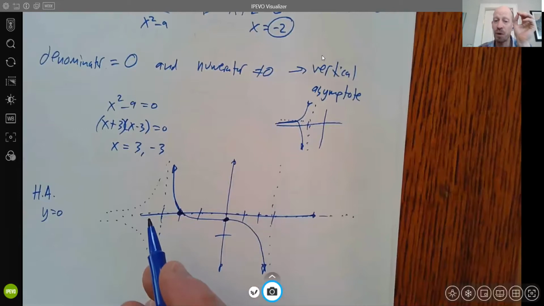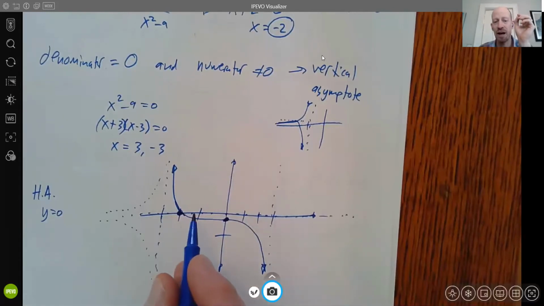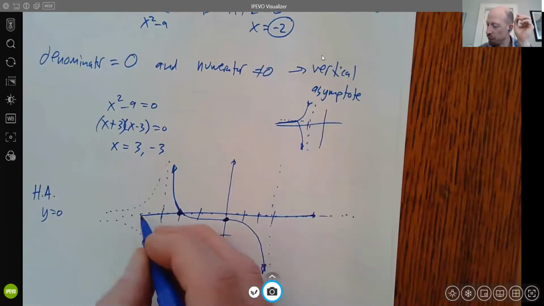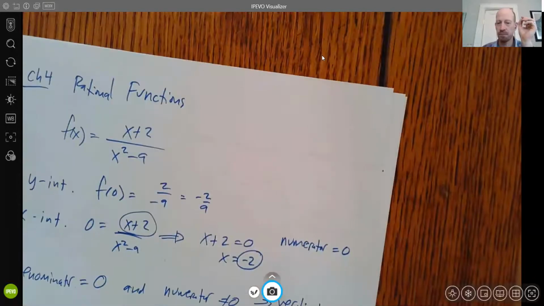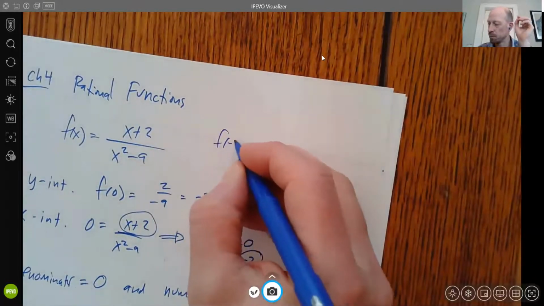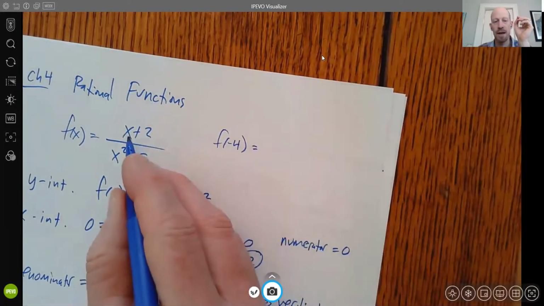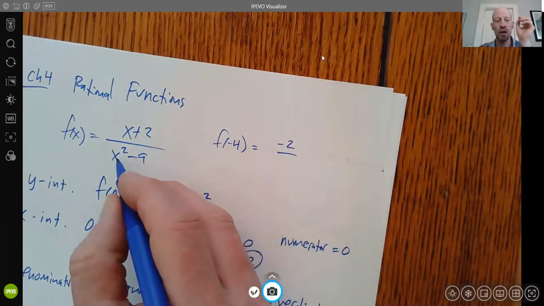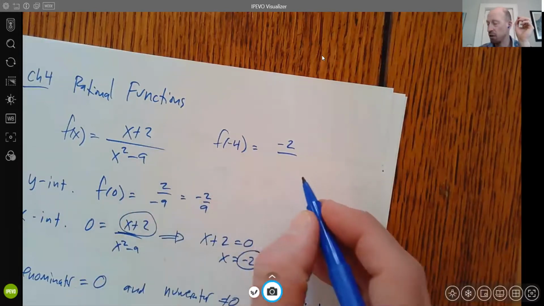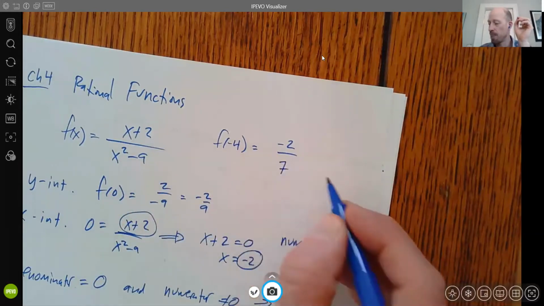There's two ways to figure this out. Probably the simplest way is to just plug in a point. So if I put the value -4 into my function, I get minus 4 plus 2, which is minus 2. And I get 16 minus 9, which is 7.